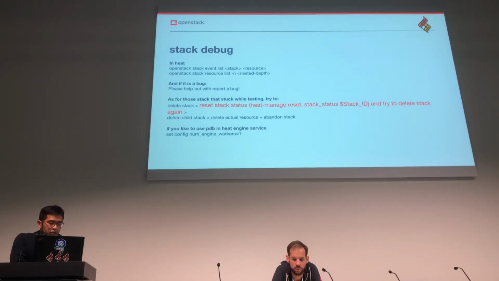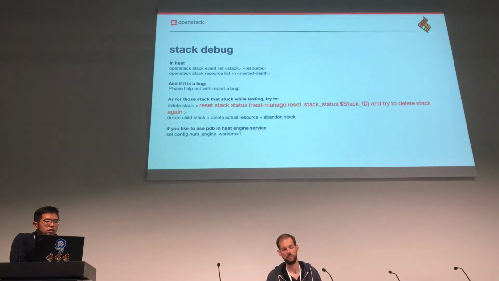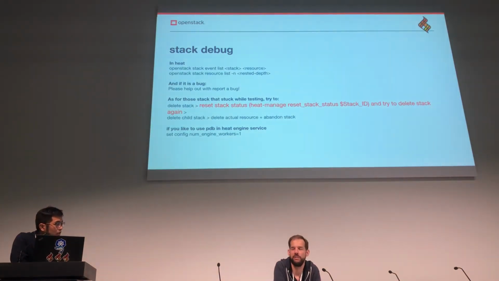We usually don't recommend directly abandoning the stack, but if you really need it, there is a functionality called stack abandon, OpenStack stack abandon. You need to enable that in the config file. You need to enable abandon and adopt, and there's another, import, right? Export.